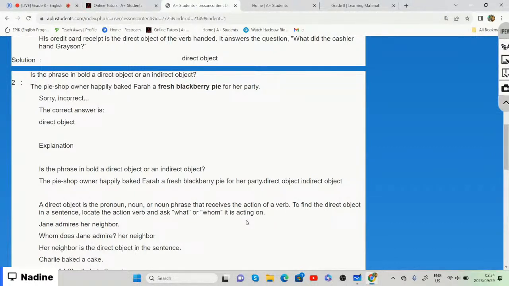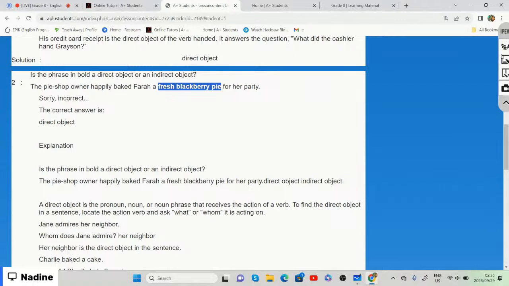We need to say if this is a direct or indirect object. So what did the pie shop owner bake Farah? We need to ask ourselves, what did the pie shop owner bake Farah? Fresh blackberry pie. That is what the owner baked Farah.